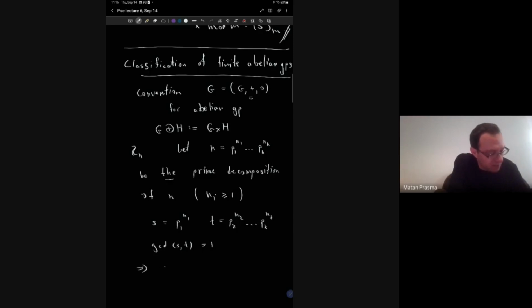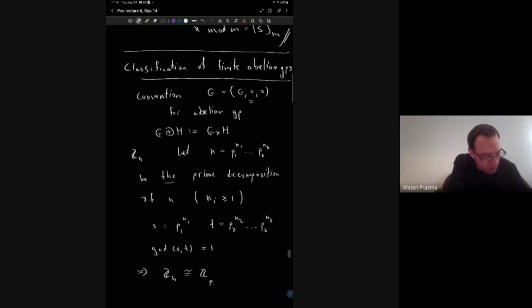And this means that integers modulo n is then isomorphic to integers modulo s, but s is p1 to the n1, times integers modulo t.